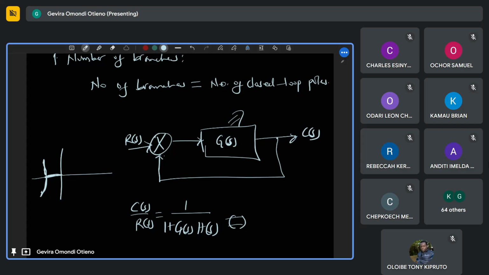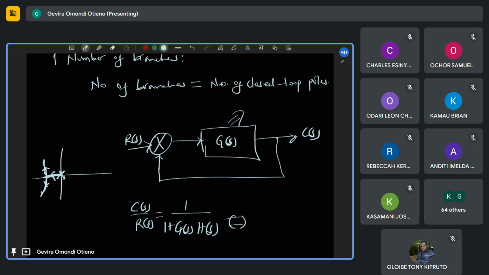If a pole begins from the origin and moves in that direction, that is a branch. If again it branches to go upwards, that is a branch. If another one branches to go downwards, that is a branch. It is the path that one pole traverses. That is called a branch.